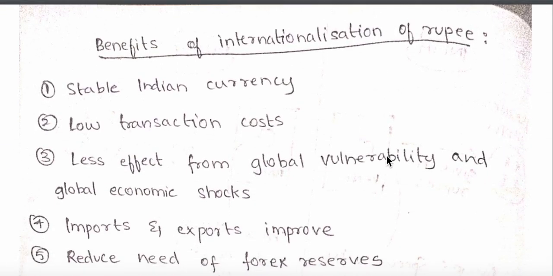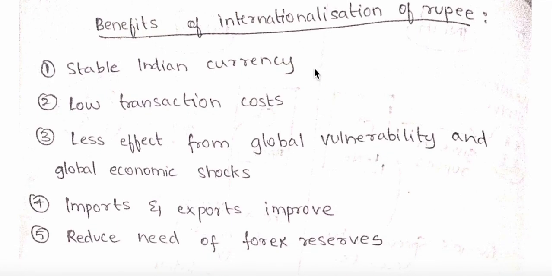So now let's look into the benefits of internationalization of the rupee. The first one is that the Indian currency will be stable even if there are global trade imbalances. The next is that the transaction cost between two countries will be low. And there will be minimum interest rate differential, which means the change in interest rates between the currencies of two countries.